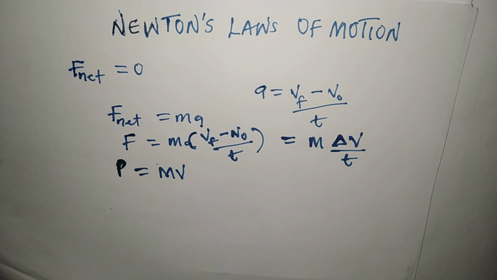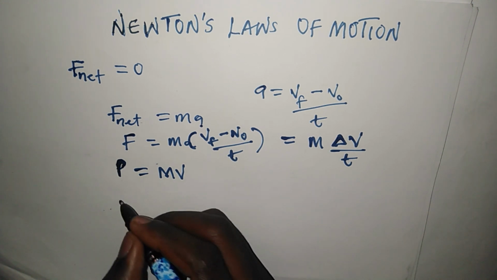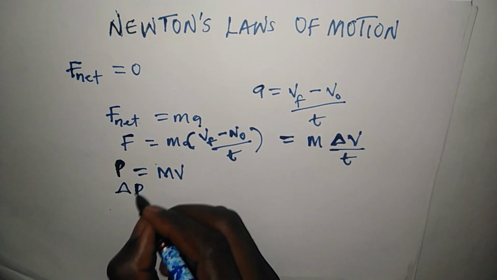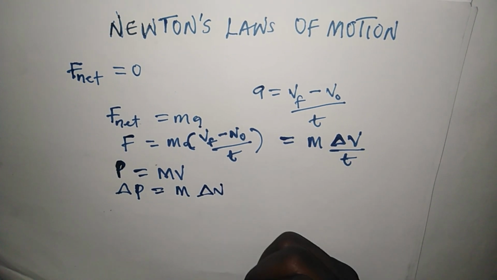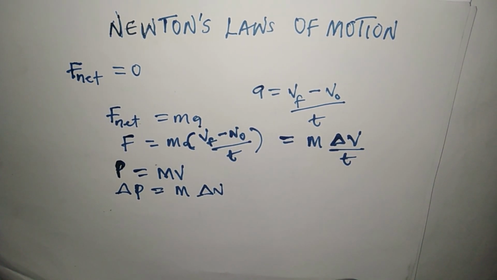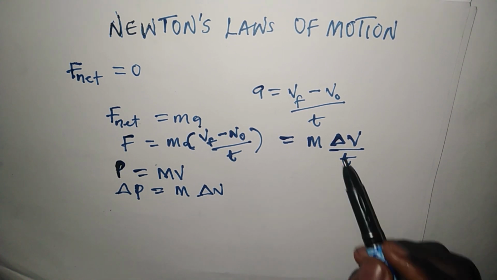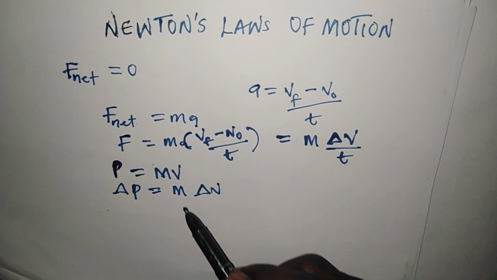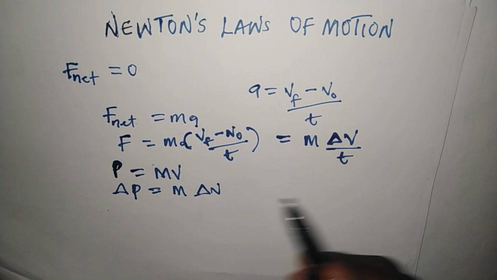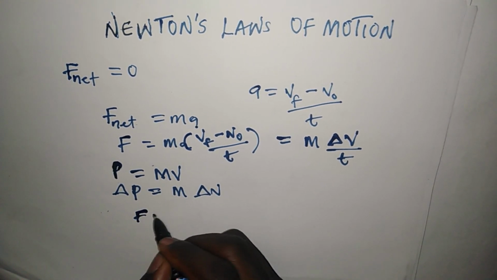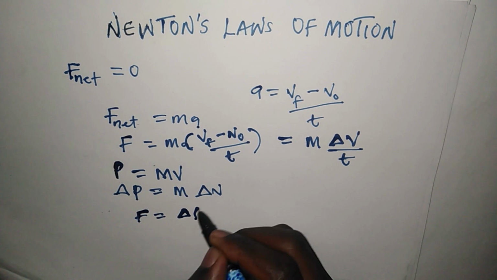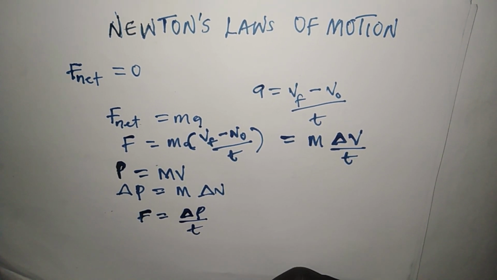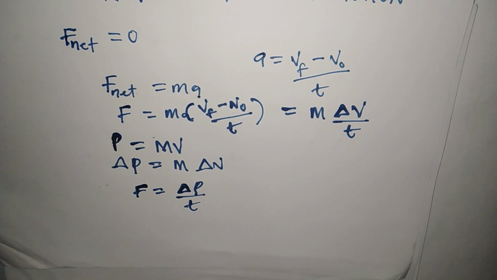Now, when you find the change in momentum, you see it is the same as mass times change in velocity. So you can replace that with momentum, and you can say the net force is equal to change in momentum all over change in t, right?